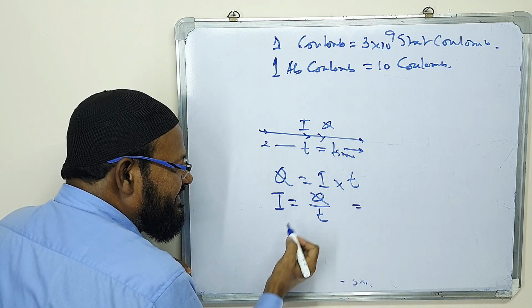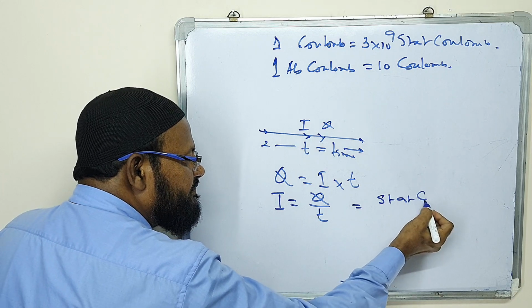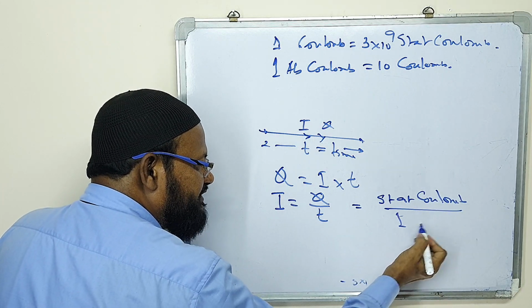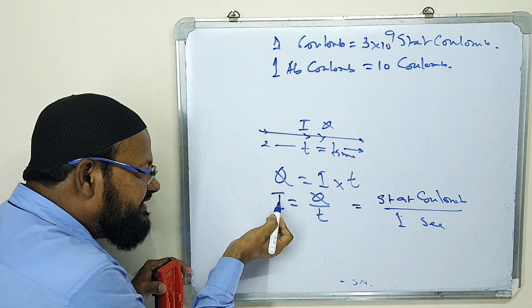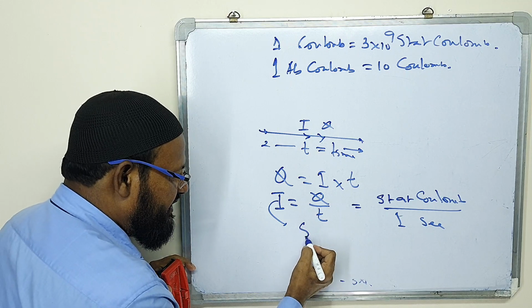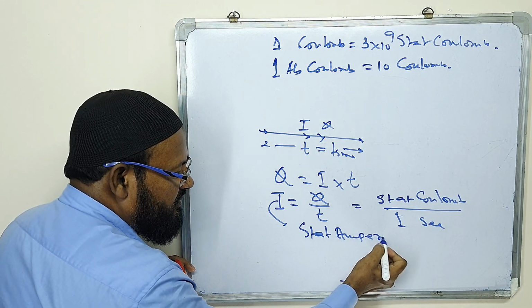When it is stat coulomb, and in every system this is 1 second, this I is called stat ampere.